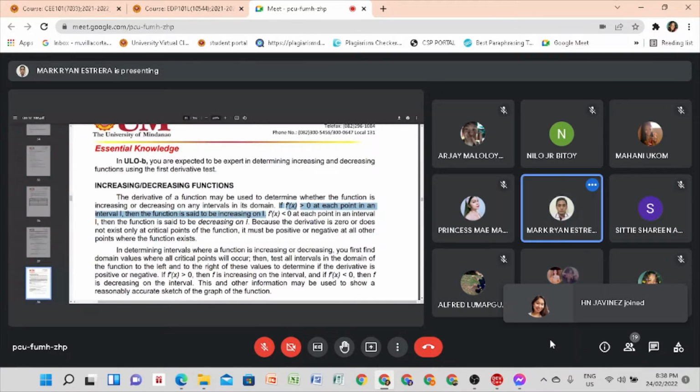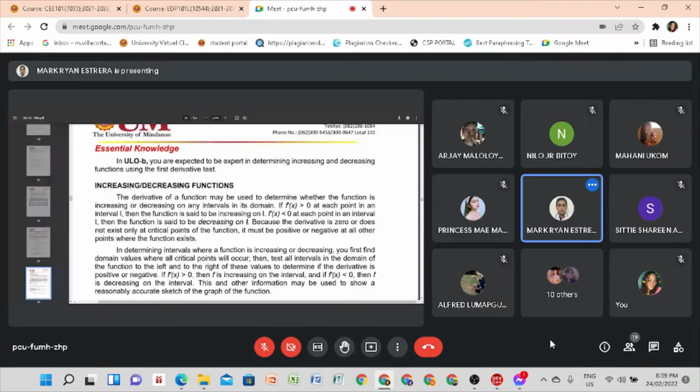Okay? Then if f prime x is less than 0 at each point in an interval I, then the function is said to be decreasing. So let's say this is I na lang. Okay, makalibog, confusing kung gamit ang term na 1, that is I. Okay. And because the derivative is 0 or does not exist only at critical points of the function, f prime must be positive or negative at all other points where the function exists.